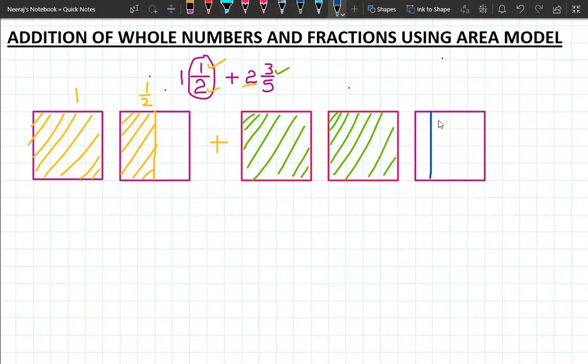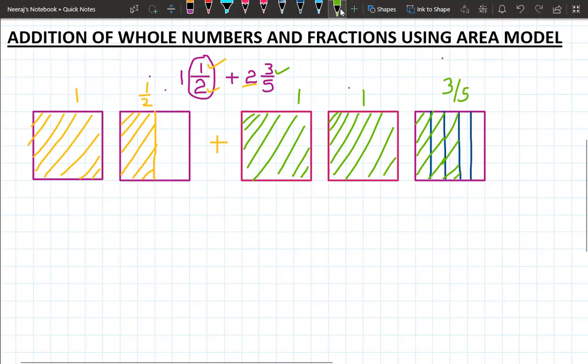This would be 1, 2, 3, 4 and 5, and out of 5 parts I'm going to shade 3 parts. You have to shade like this. So here I have shaded 3 parts out of 5 parts. So this would be 2 wholes and 3/5.